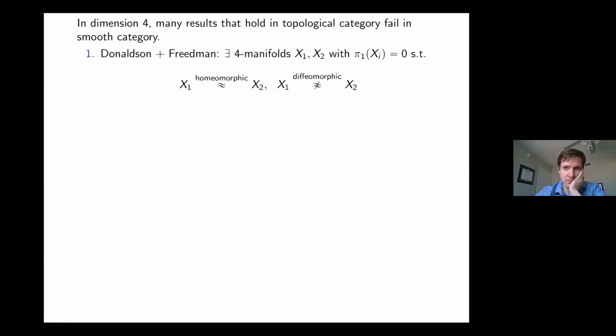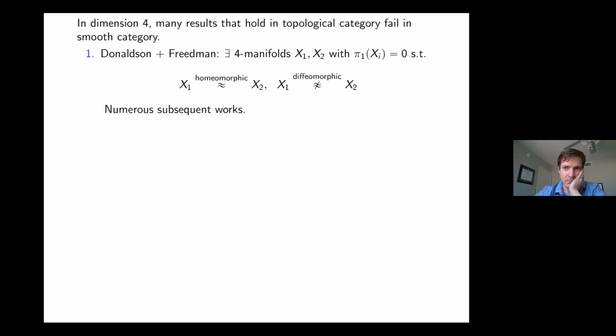Let me give a few instances. The first instance combines the groundbreaking work of Simon Donaldson and Michael Freedman. By their work, we know there exist simply connected four-manifolds that are homeomorphic to each other, but not diffeomorphic to each other.